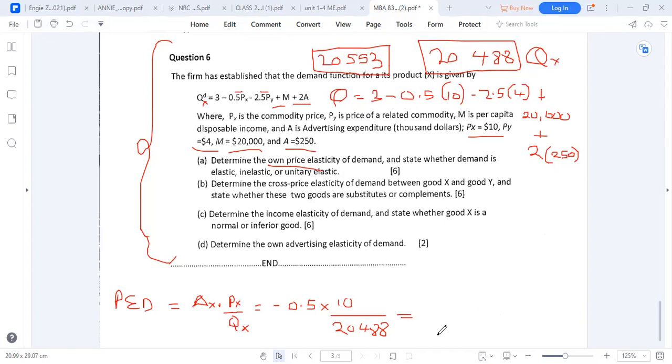That's mod. So this is negative 0.123 and 244. So what is the comment on this one?